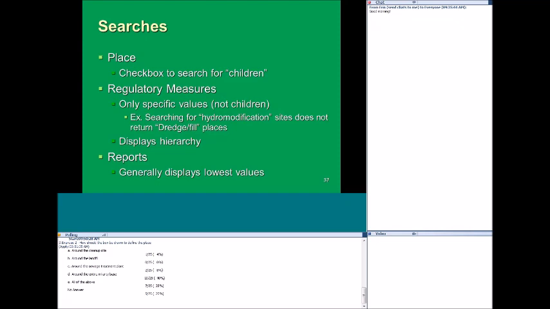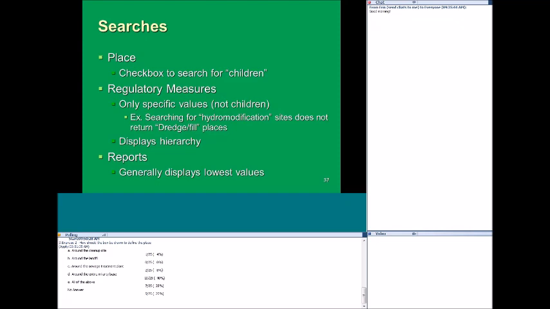However, in the regulatory measure module, you don't get the dynamic hierarchy menu. It looks a little different. It's written out kind of the old-fashioned way, or the way you used to do it. And when you search for a specific value, you only get that specific value.